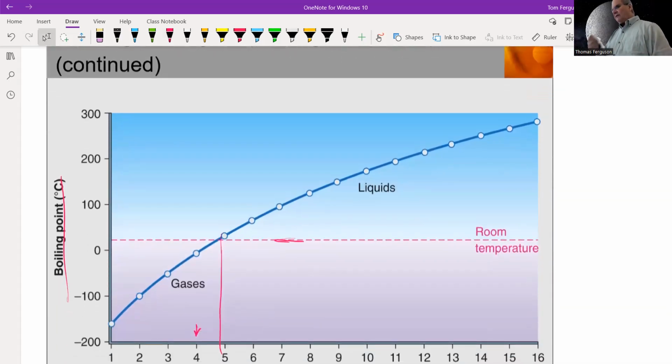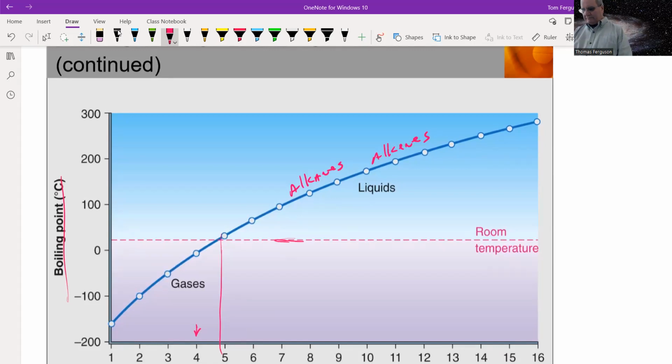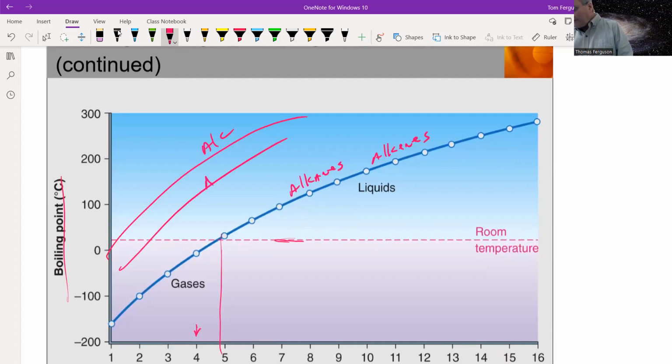And we're going to see this graph a lot with different functional groups. When we finally get to the ones with multiple functional groups, I'm going to be writing on this one: alkanes and alkenes. And you'll see some with alcohols, aldehydes, ketones, carboxylic acids.